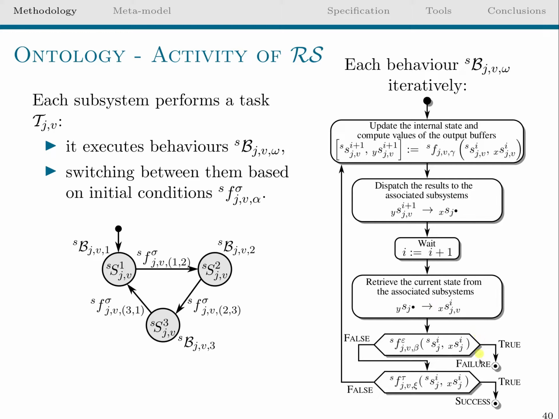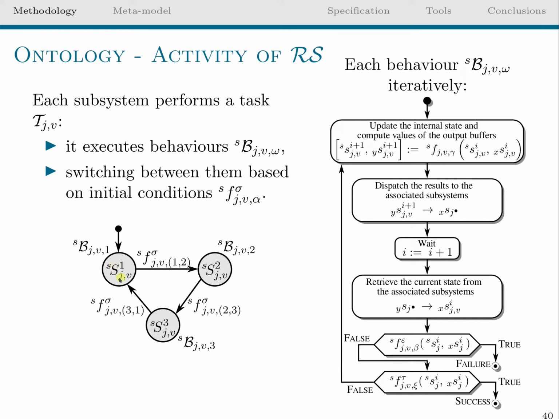And then it checks two conditions. One is the error condition, and one is the terminal condition. If any of those two conditions is fulfilled, then the subsystem stops performing the behavior and switches to the appropriate subsequent behavior. In this case, on the left side, we have a simple finite state automaton, where the behavior switches automatically because there are no other possibilities.